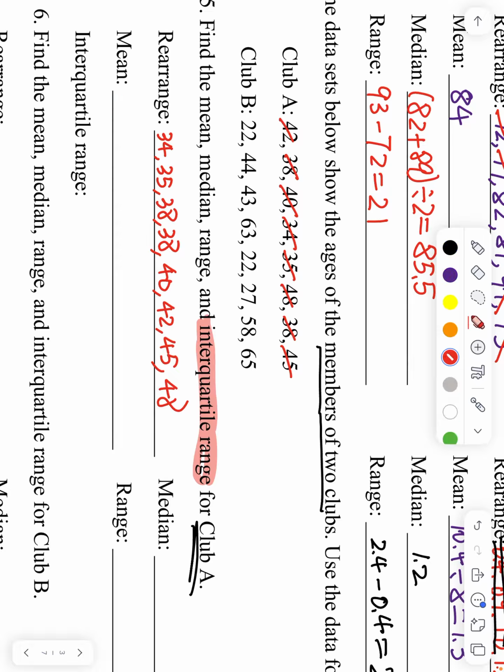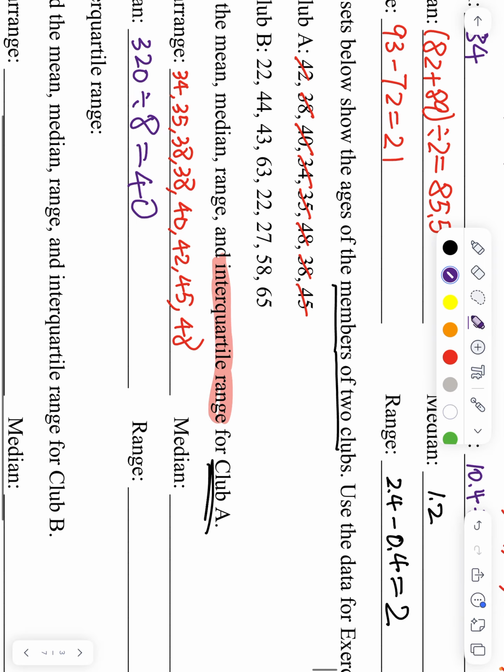I got 320. So 320 divided by how many numbers? I forgot already. 1, 2, 3, 4, 5, 6, 7, 8. Divide by 8, this is equal to 40. So the mean is 40.